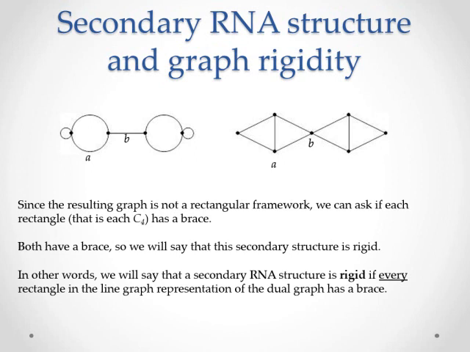Since a cycle of length 4 is a rectangle, and both of them have a brace, let's say that this secondary RNA structure is rigid, and use this to prompt the following definition. We'll say that a secondary RNA structure is rigid if every rectangle in the line graph representation of its dual graph has a brace.